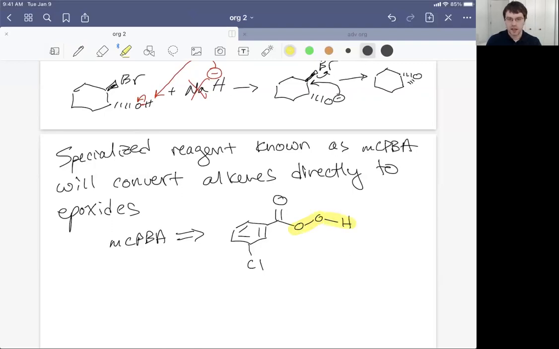This peroxide is what facilitates formation of the epoxide. So the peroxide does the work. The chlorine, the carbonyl, and the benzene ring just make it an easier to handle peroxide than hydrogen peroxide, which just kind of goes bad over time.